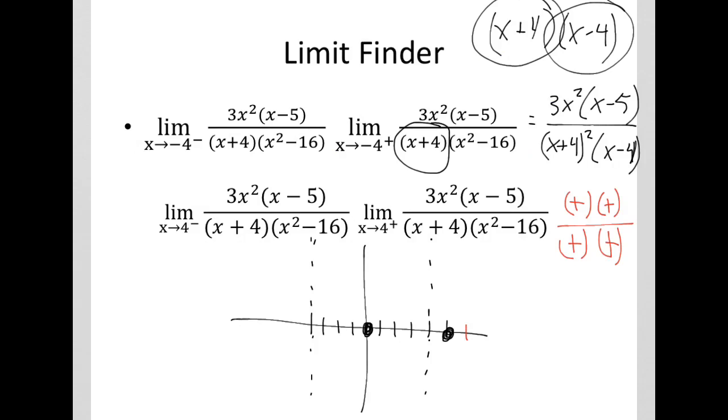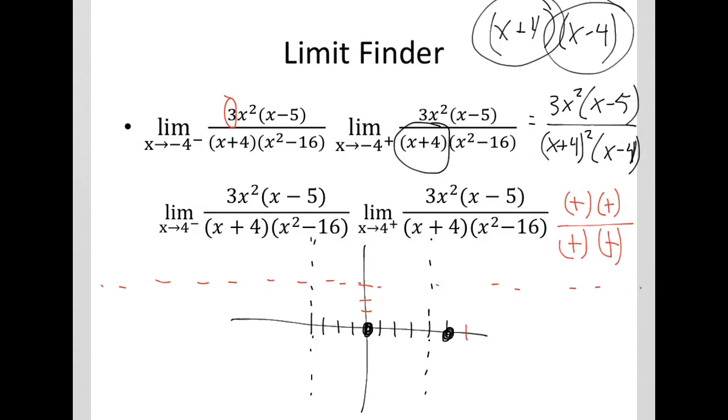So since I'm positive to the right, and I know that my horizontal asymptote is going to occur at positive 3 because I have a cubic function over a cubic function, same degree, but I have that coefficient of 3, so I've got that running there.